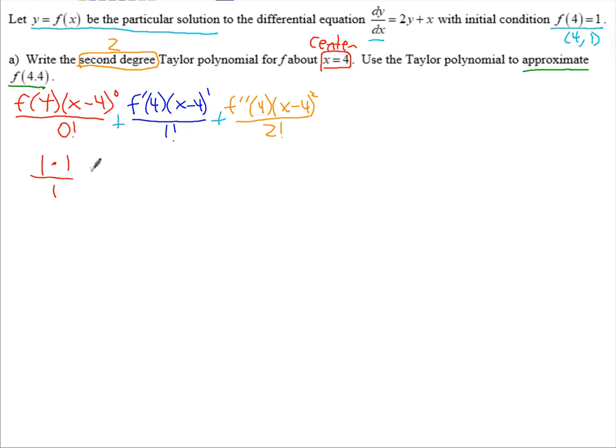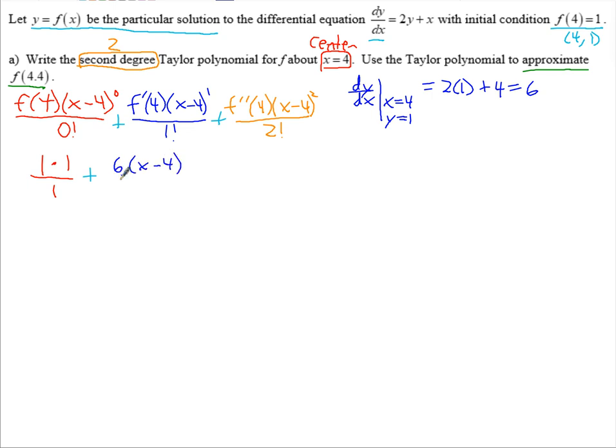Normally we would just plug in x equals 4, but here notice our derivative has x and y, so we substitute them both in to find the value of the derivative when x is 4 and the corresponding y coordinate is 1. They give you 2 times y, which is 1, plus x, which is 4, gives you 6. So that'd be 6 times x minus 4 to the first, which is just x minus 4, over 1 factorial, which is just 1.